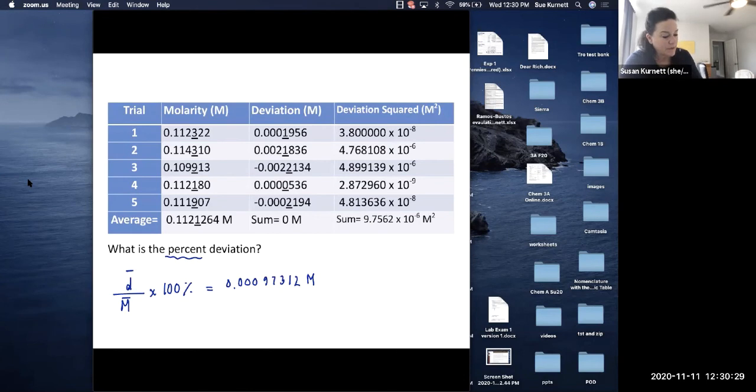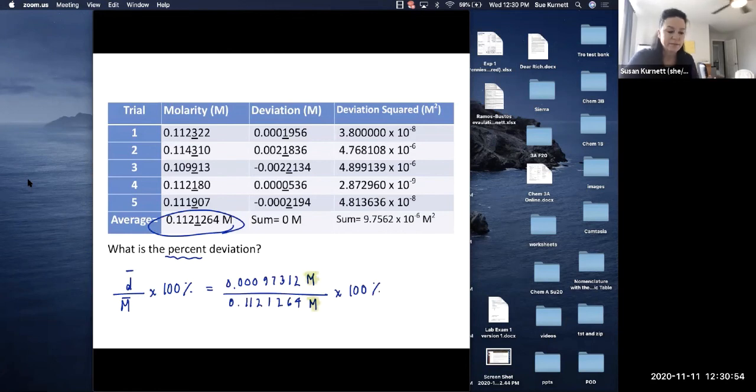And then for the molarity, I'm going to use the molarity that is the average with extra digits, so I don't have rounding error. So this molarity and this molarity are going to cancel.